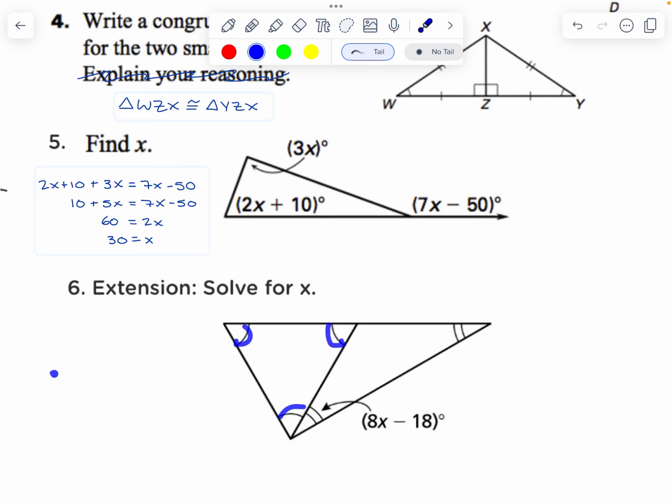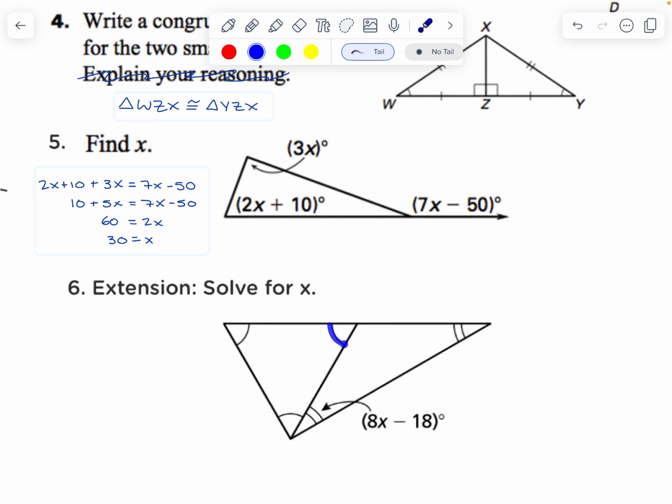Think about what type of triangle that is. Hopefully you said equiangular. Equiangular. 60 degrees, 60 degrees, 60 degrees. We talked about that right at the end of the day 1 notes.